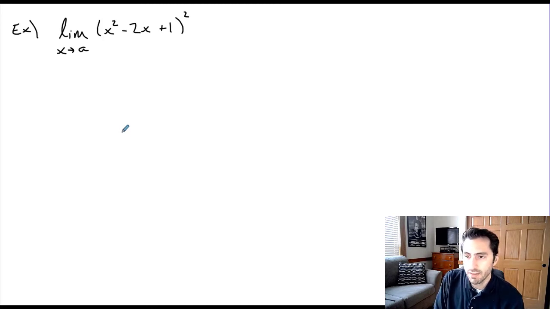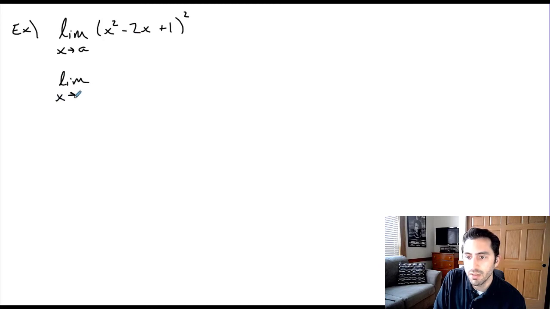In this case, if we look at this trinomial, x squared minus 2x plus 1, just based on the pattern here, I know that this is a binomial squared. So I know that I can factor this. So what I'm looking for, two numbers that multiply to 1 but add to -2, well, that's -1 and -1. So let's rewrite that.